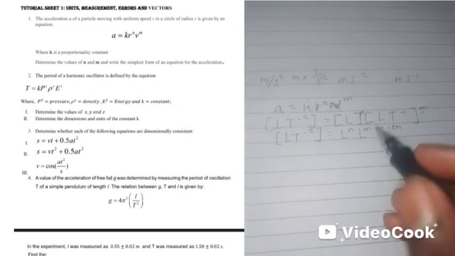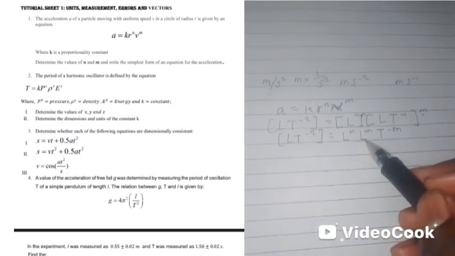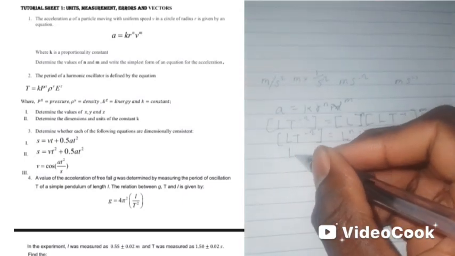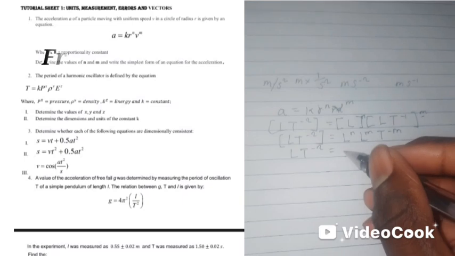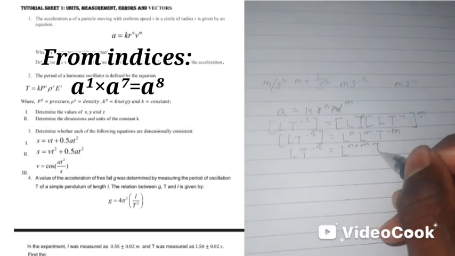Now these are two of the exact same bases, so we can easily add the powers. So that's LT negative 2 is equal to L raised to the power of n plus m, T raised to the power of negative m.